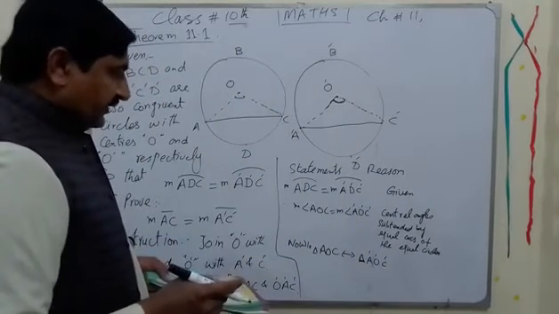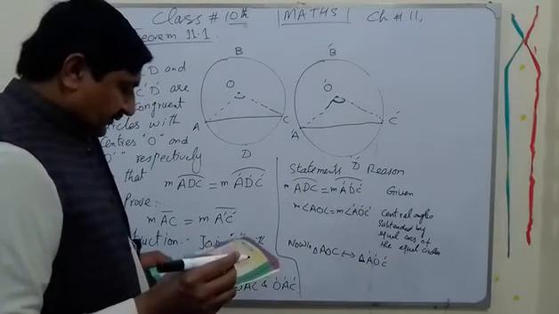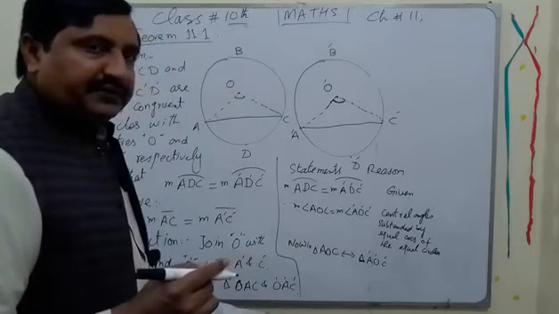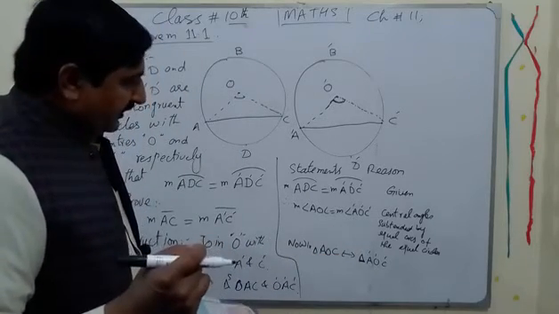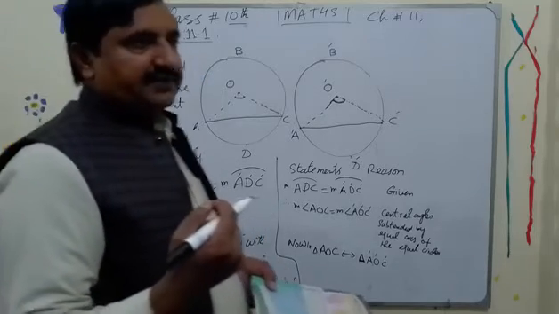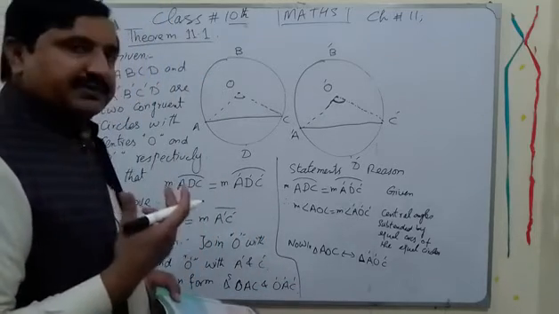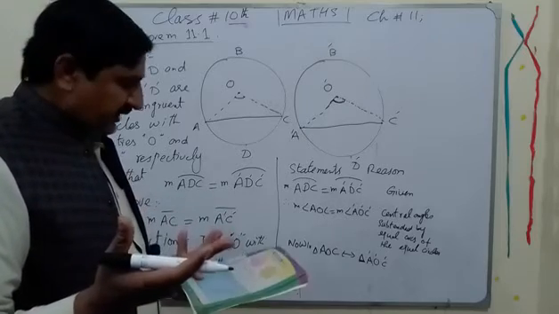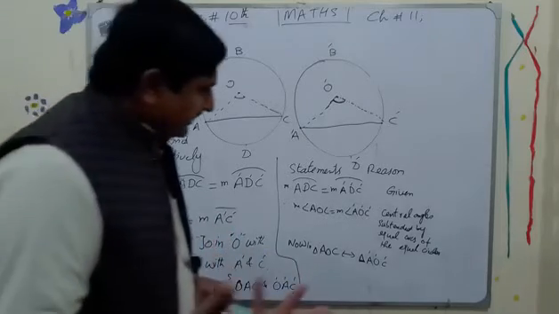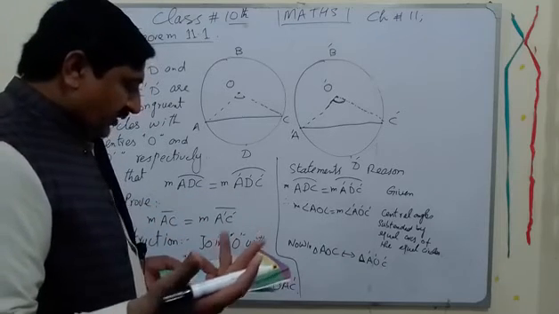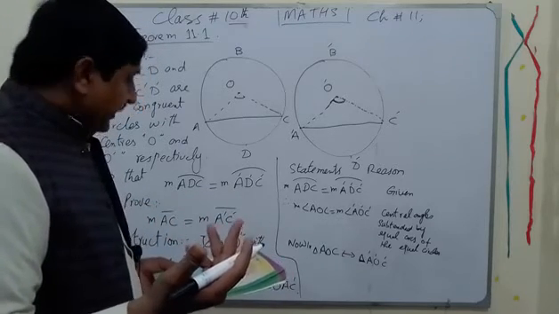So we have to show that both triangles become congruent. To show this, we have to prove from our given and construction steps that both triangles become congruent by any three conditions, right? Might be two sides one angle, two angles one side, three angles or three sides. So let's see what we have given here.